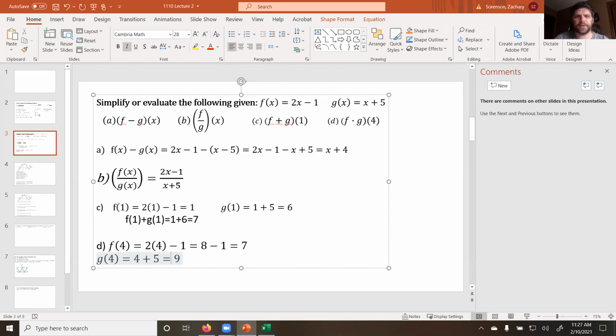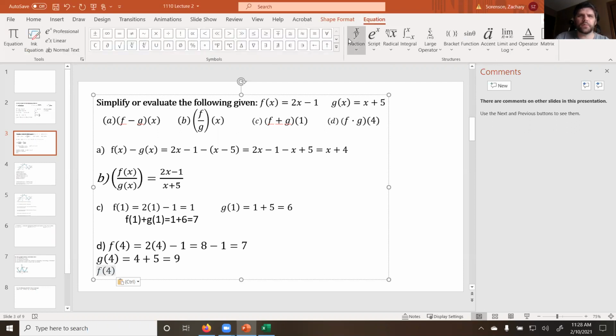Plus 5 equal to 9, and then just multiply them. There's my symbol. Done, 63.